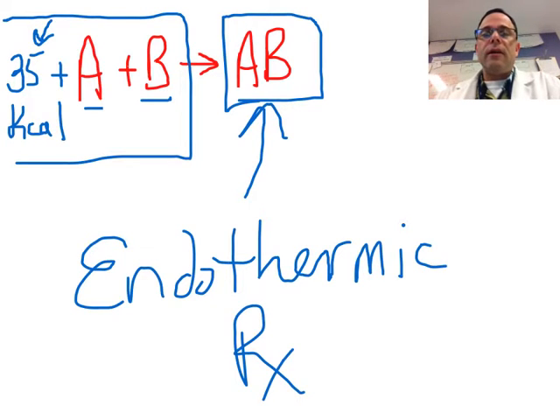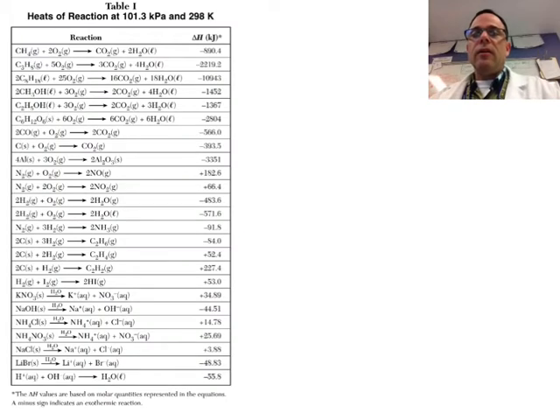All right, I'm going to show you on the next slide a table that will also assist periodically. So here we have Table I. Table I is the heat of reactions at 101.3 kilopascals, a measure of pressure, and 298 Kelvin. So all of these different reactions are taking place in an environment with this pressure and this temperature.